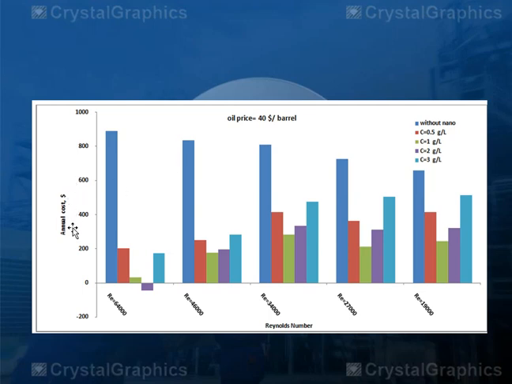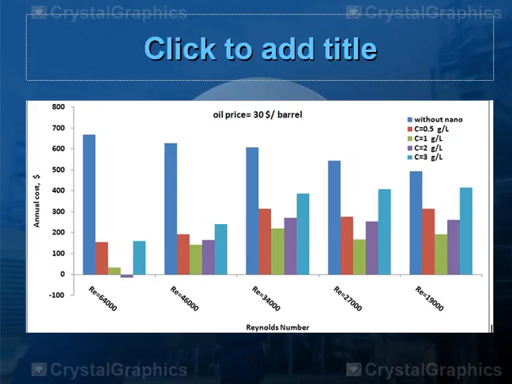The annual cost estimation we found at 2 gram per liter nanoparticles and higher Reynolds number shows a negative cost. Without the nanoparticles, higher costs are presented, and so on.